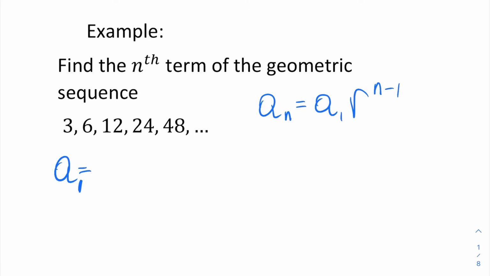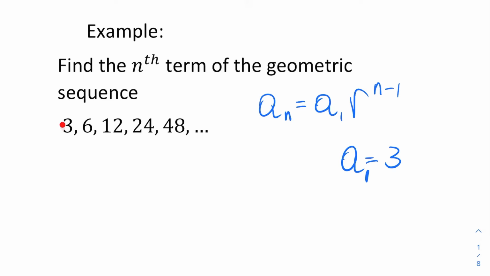Looking at this, a1 is just 3. And not just a1, I also need to know the common ratio. n is going to be the variable, so I don't need to know what that equals because it's changing. But a1 and r are fixed for any specific geometric sequence. So I need to find the common ratio.